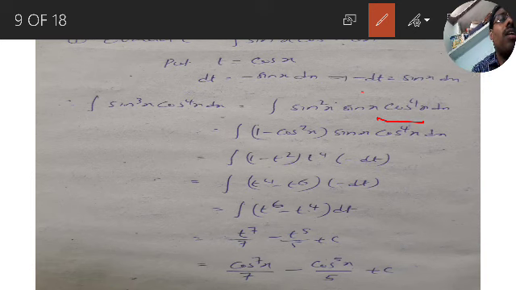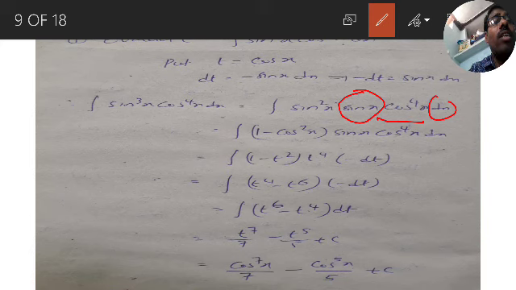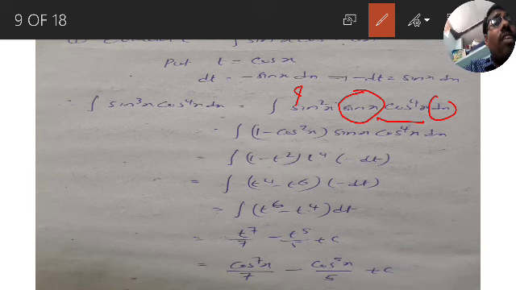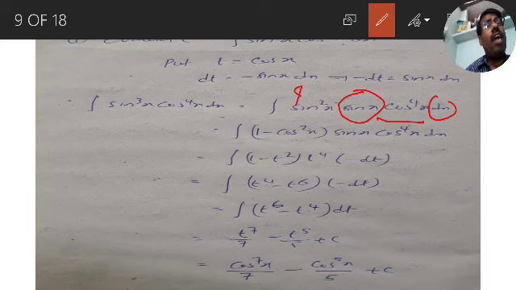Sin x into dx, you can write minus dt. What is the leftover part? The leftover part is this sin square x.